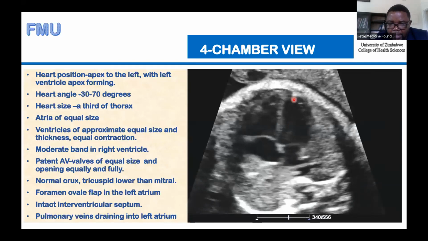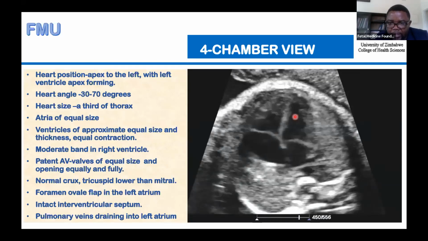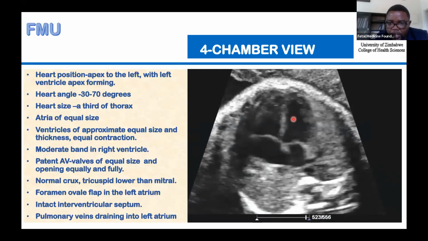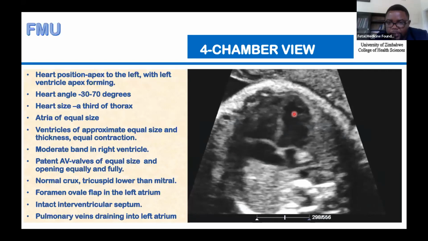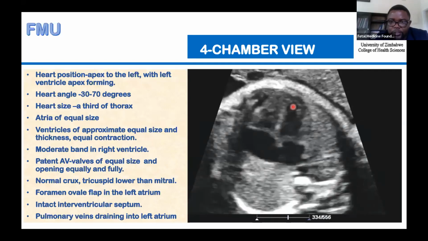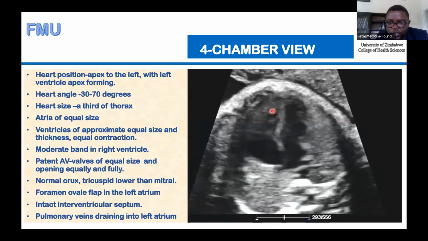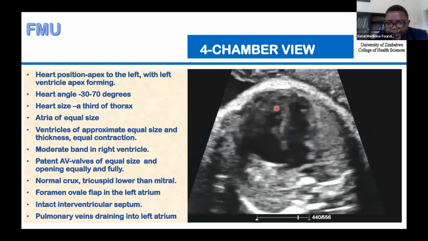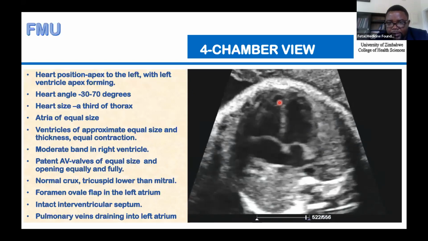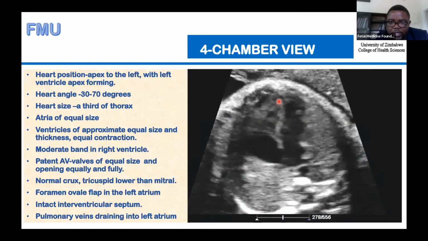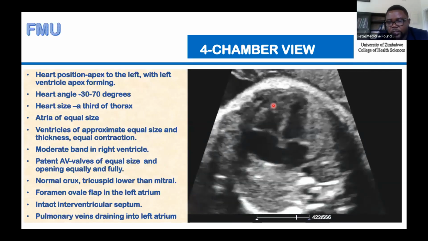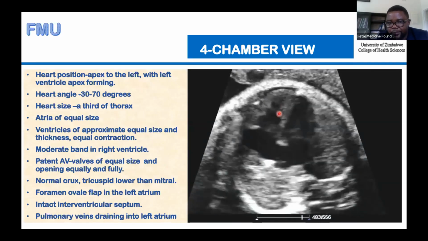The left side of the heart should be seen to be apex forming. In other words, it should go all the way down, the left ventricle. The right ventricle should be seen to have this band of tissue, which sort of obliterates its end here. The tip of it is obliterated by this band of tissue, which is called the moderator band.